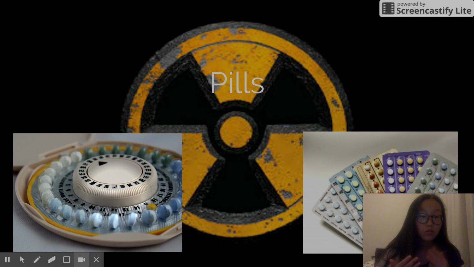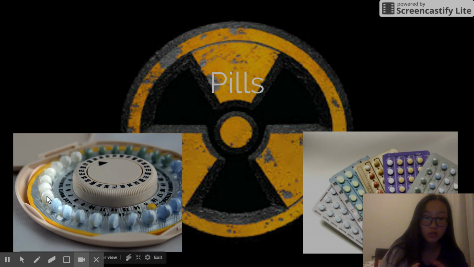If you take the pill, it orders your body to produce more progesterone, which means less estrogen will be produced in your body, which means there will be no more eggs, ova, produced from the ovary.